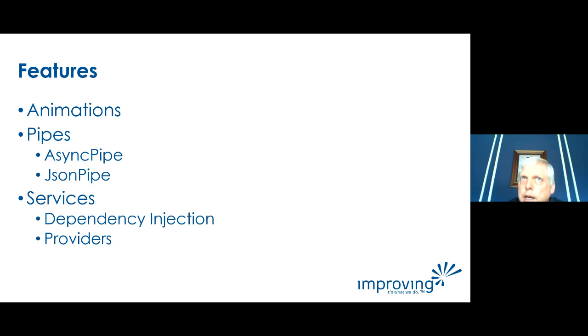When you go to inject the service, it will start traversing that tree upwards until it can find a service provider. As soon as it finds a service provider for that service, it will use that instance. So you can end up with multiple instances of a service if you need that. It's just a matter of putting that service provider in the right location to give you that ability.